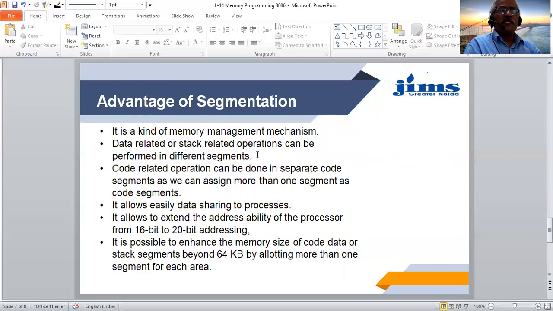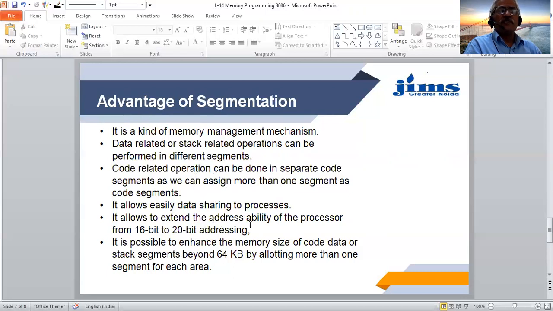Data related and stack related operations can be performed in different segments. The code area and the data area can be stored in different areas. The code related operations can be done in separate code segments, as we can assign more than one segment. It allows easy data sharing to the processes. So the segmentation allows easy data sharing.